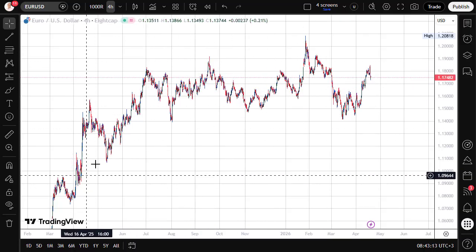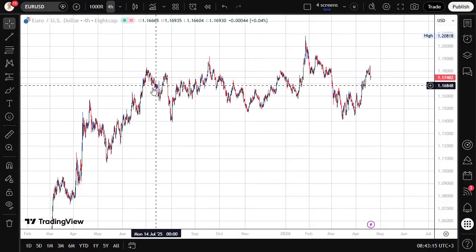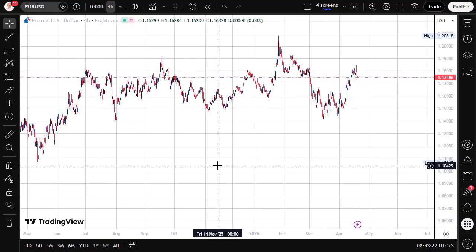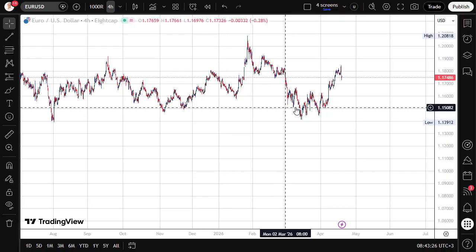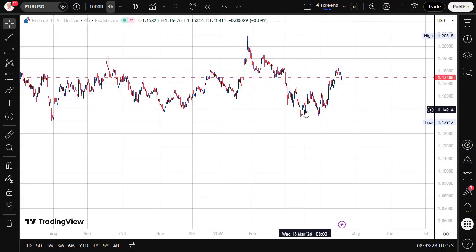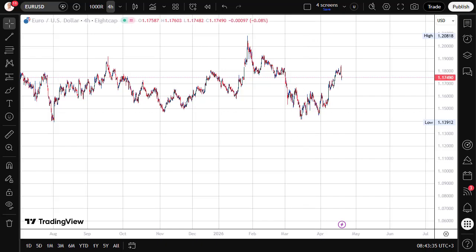We moved from trending to a sideways market, a range. We have volatile moves. They happen during the news, and we have very slow periods. This is important because your strategy does not perform the same in all of these environments.